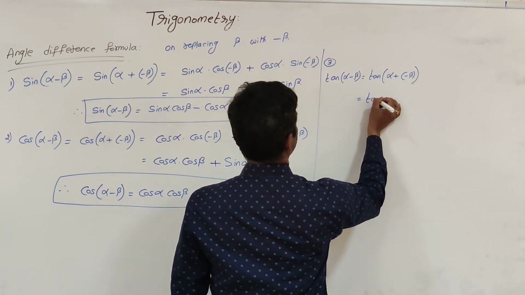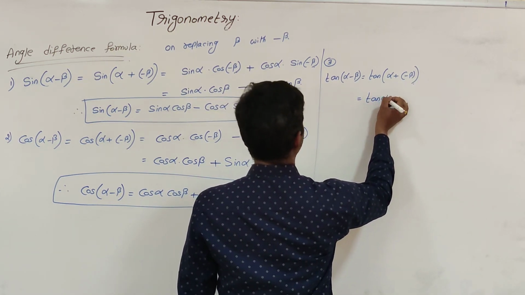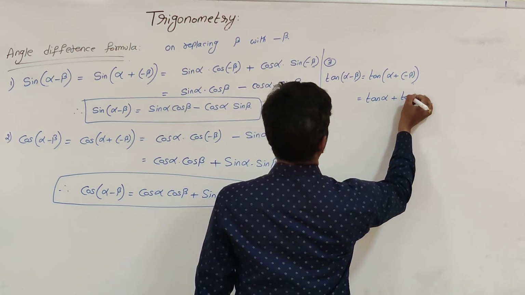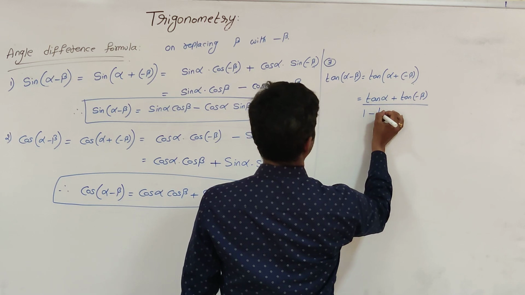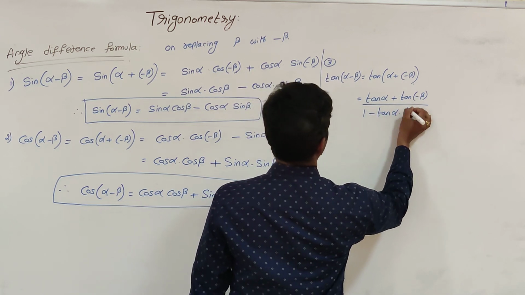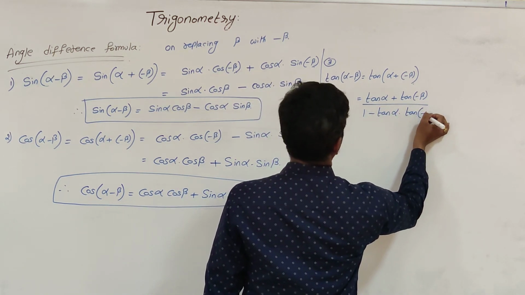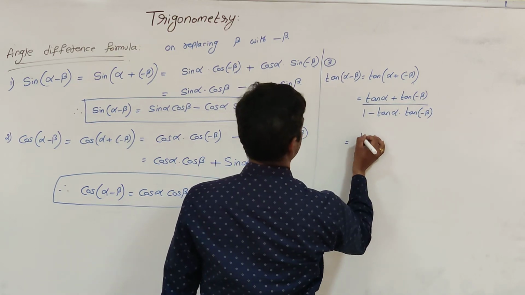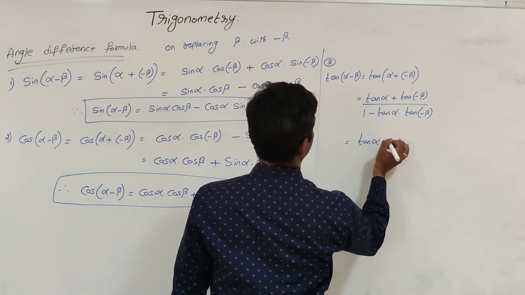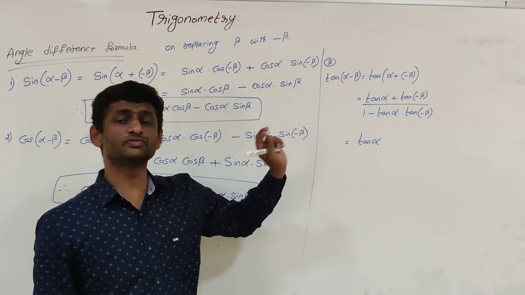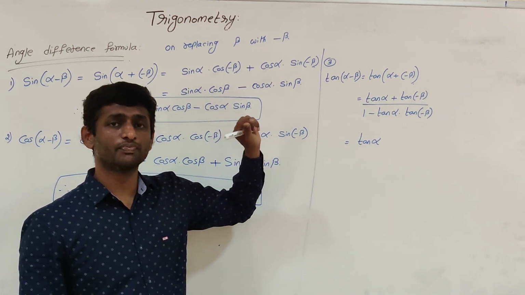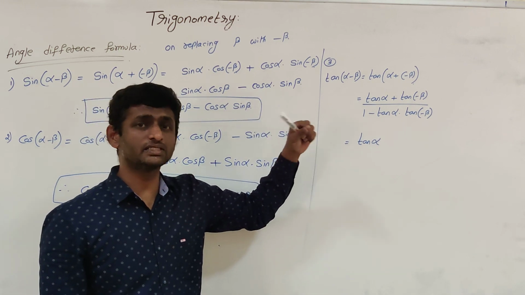If we go by expansion, it is tan alpha plus tan of minus beta by 1 minus tan alpha into tan of minus beta. Tan alpha is as it is, but tan of minus theta is minus tan theta, as we have seen in the proofs of trigonometric ratios for negative theta.